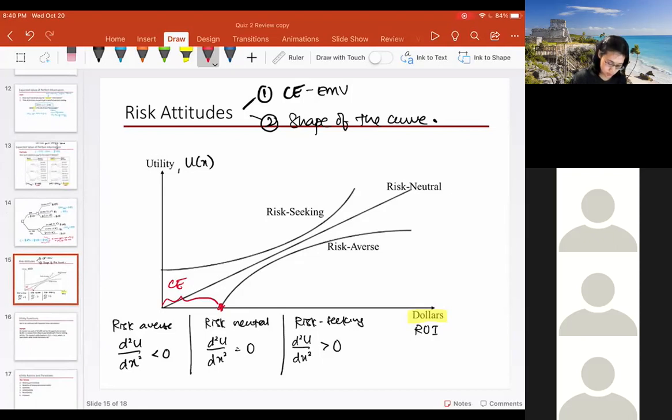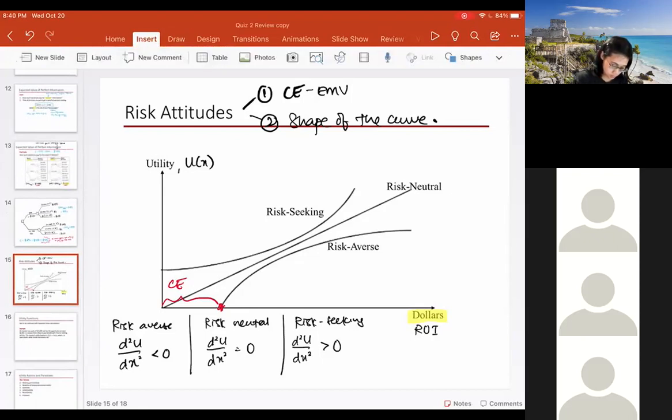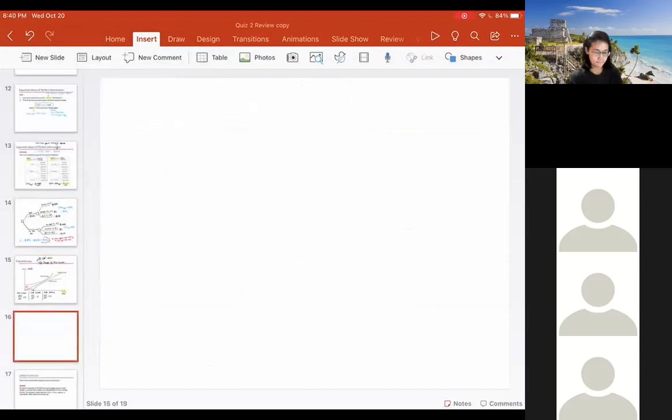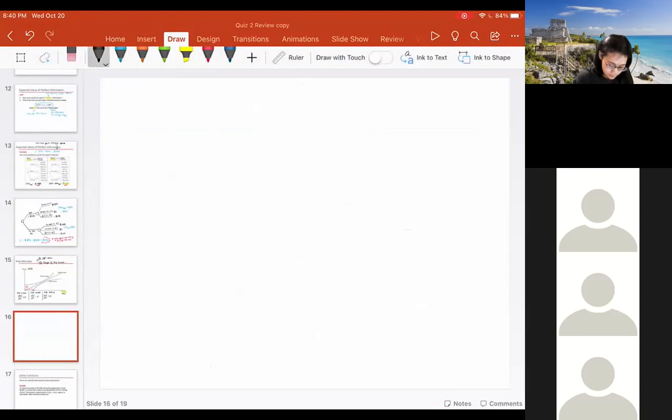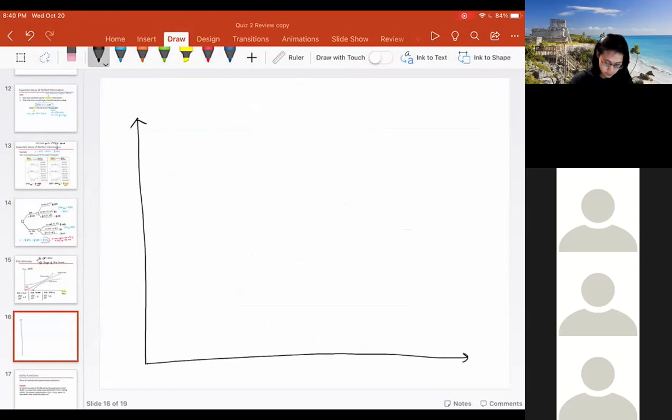Let me add one more. It's easier if I draw it out. If this is your dollar amount and this is your utility, UX, right?